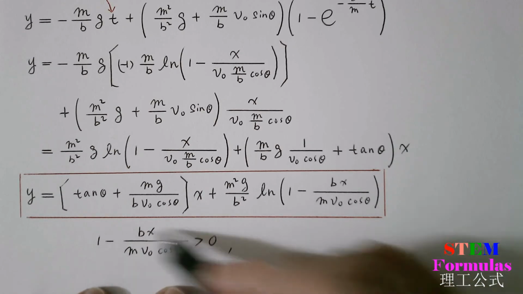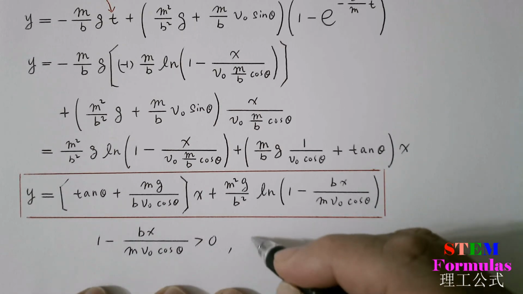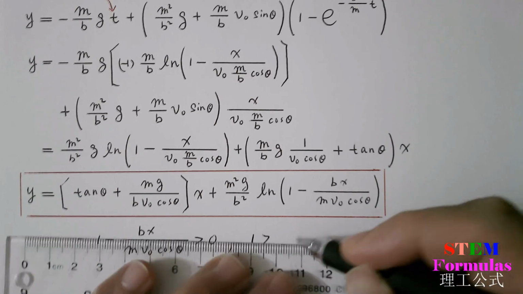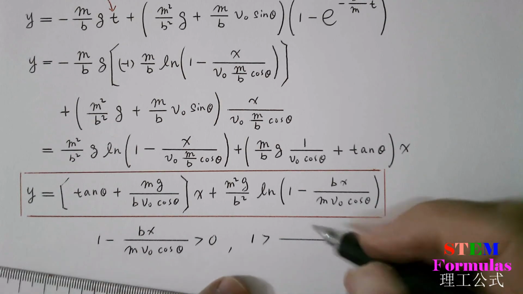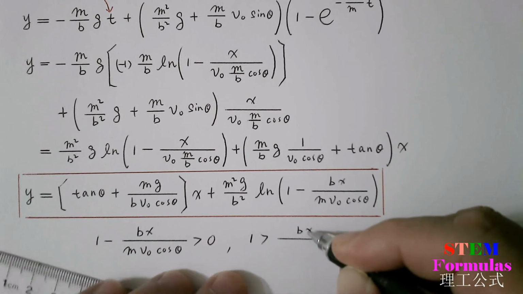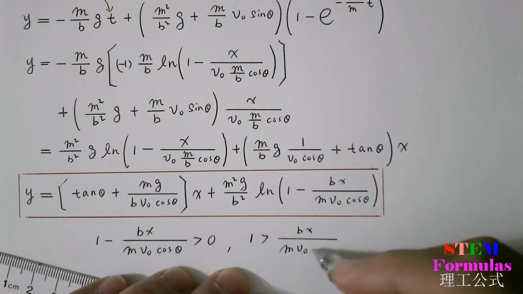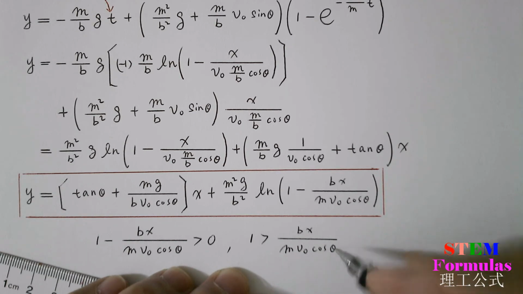If I reorganize this, I can simplify as 1 greater than b x divided by m v0 cosine theta.